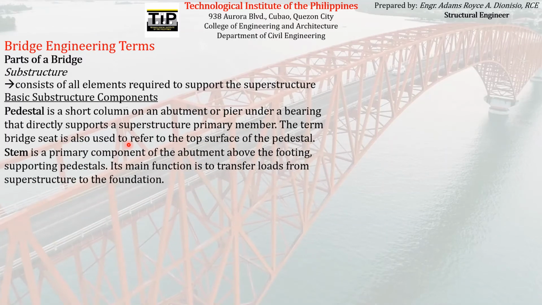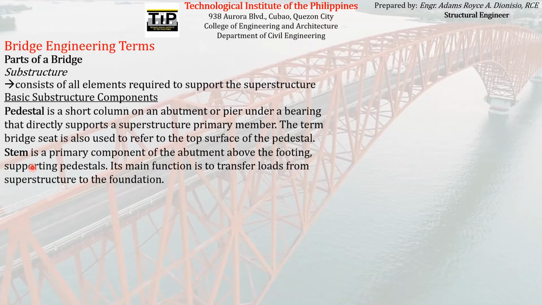Another component of a substructure is the stem. Stem is a primary component of the abutment above the footing, supporting pedestals. Its main function is to transfer loads from the superstructure to the foundation. So you can find stem on abutments.